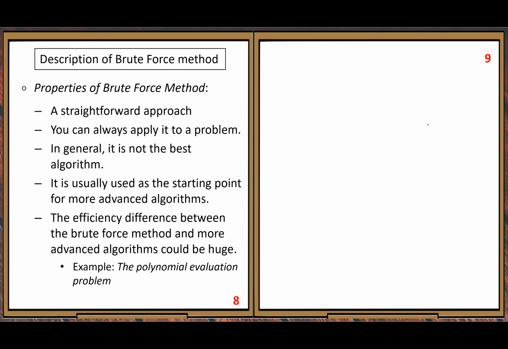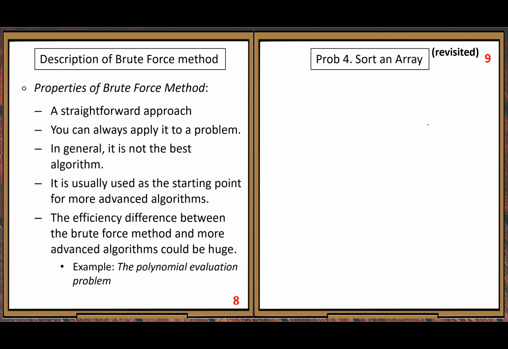You can see the efficiency difference is huge. In our one special example, we get a huge difference like this: 5.8 days versus 1 second.